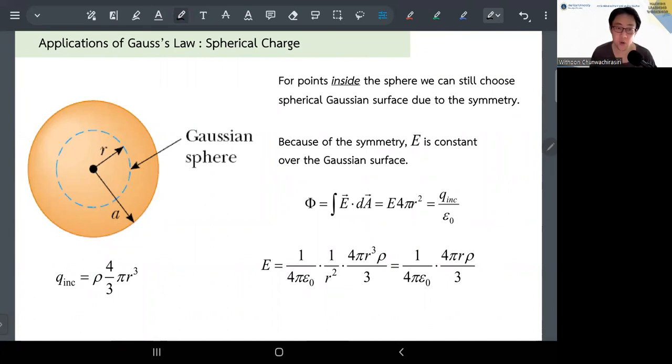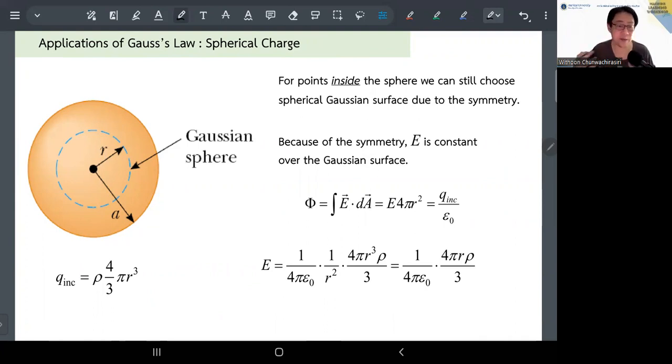Okay. So what's changed is it's going to be almost nothing. Why? It's still the same charge ball. It still has the spherical symmetry. So that means the electric field is still supposed to point out in all directions, in the radial direction, no change.